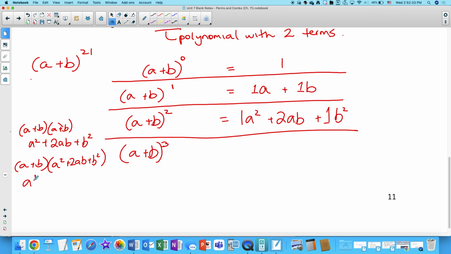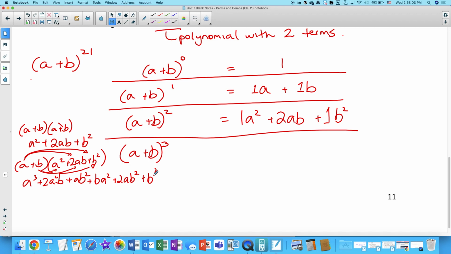Let me do it that way. Plus 2a squared b plus ab squared. Right? Then plus ba squared plus 2ab squared plus b cubed.